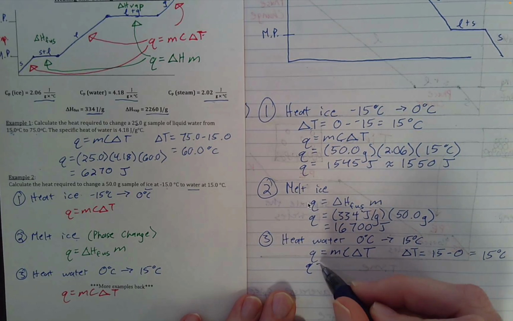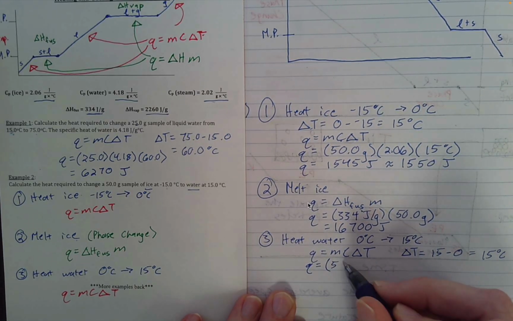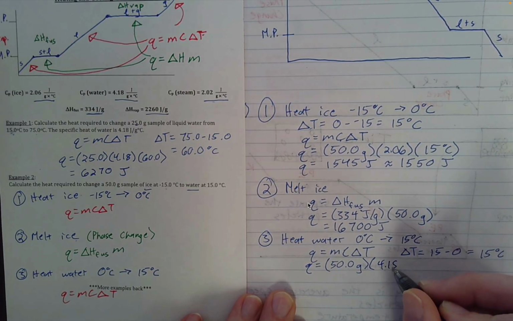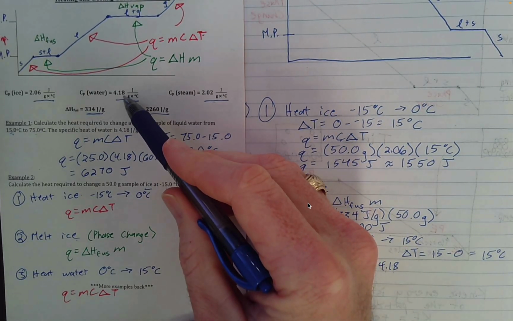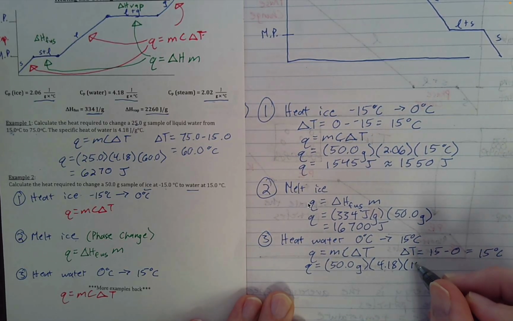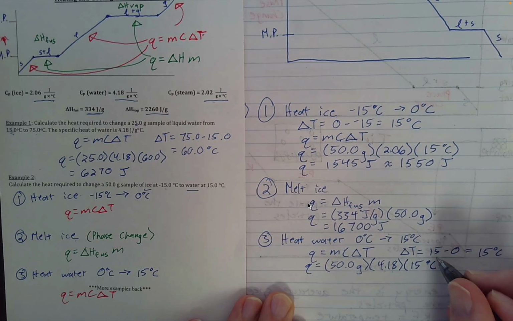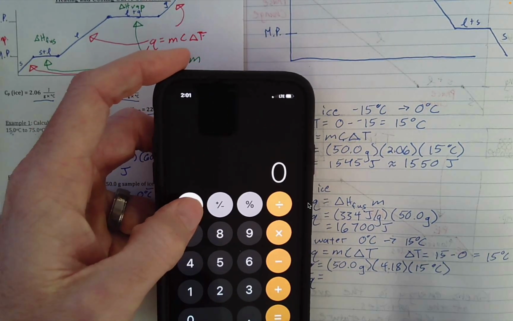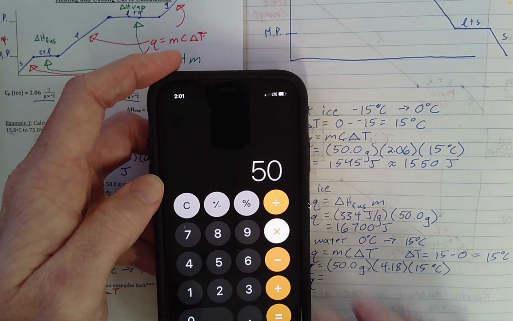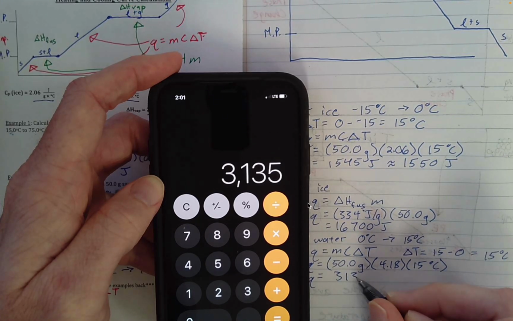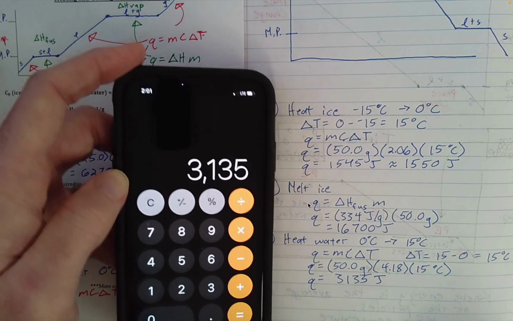And so we're going to find the mass of that water, which again is still 50 grams. Specific heat of water is 4.18, right? It's right there if you forgot. And then the change in temperature is 15 degrees Celsius. All right. So Q equals 50 times 4.18 times 15 equals 3,135 joules. Great.